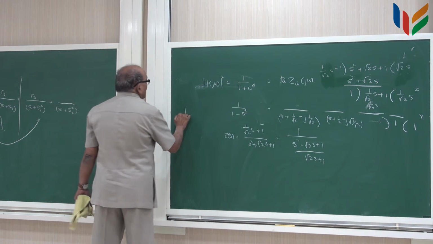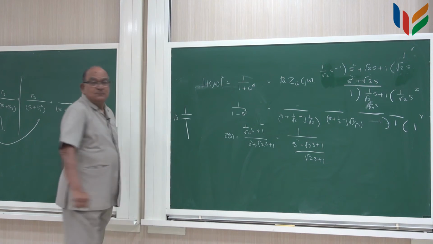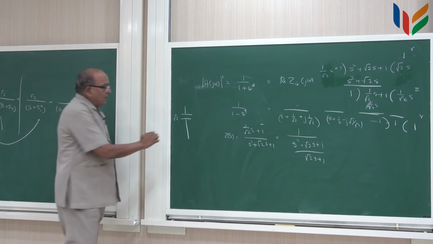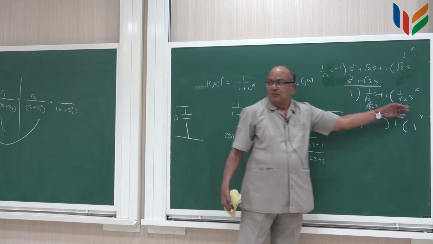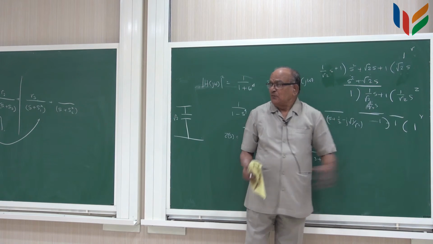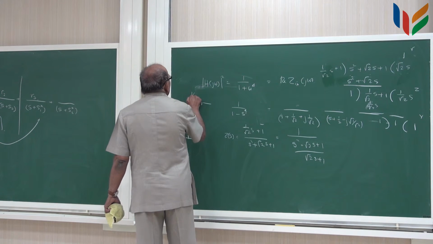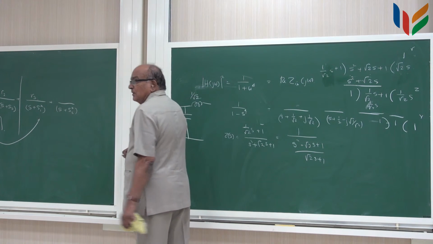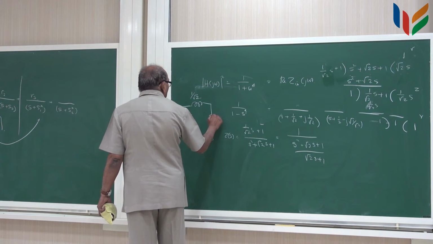So the first one will be a capacitor of value equal to root 2. The second one will be, because now we inverted it and made an impedance, something into s. So this inductor value is 1 by root 2. And the last one is an admittance of 1, which means 1 ohm.